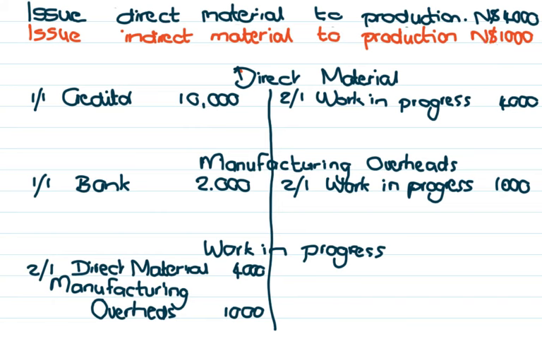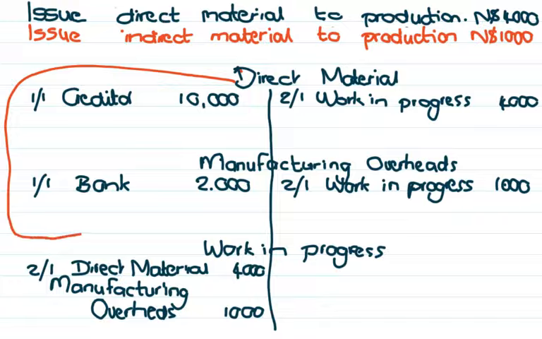You will remember in my direct material account I had 10,000. Now I will issue 4,000. So on the credit side, because we are now reducing this asset, on the credit side 4,000, my contra account will be work in progress. There's my contra account. I can just make a red arrow maybe over there just to show you.